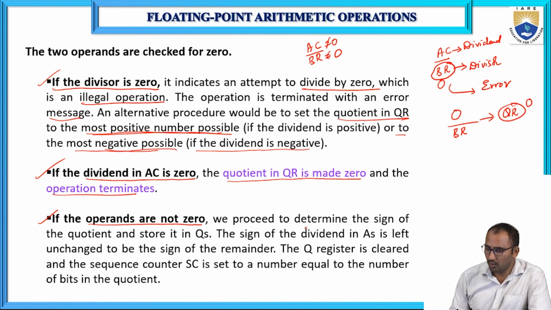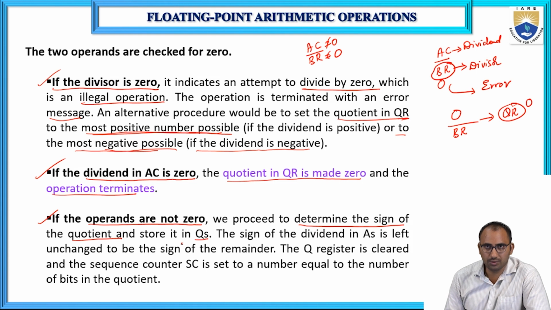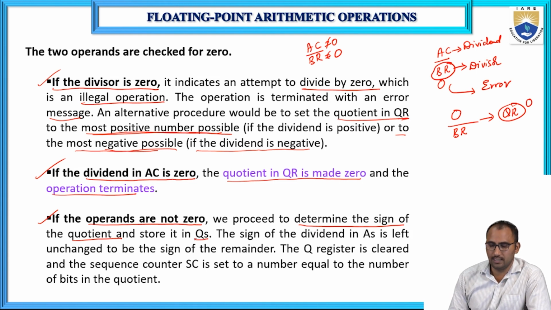We also have to determine the sign of the quotient and store it in the QS register. The sign of the dividend in AS is left unchanged, to be the sign of the remainder.